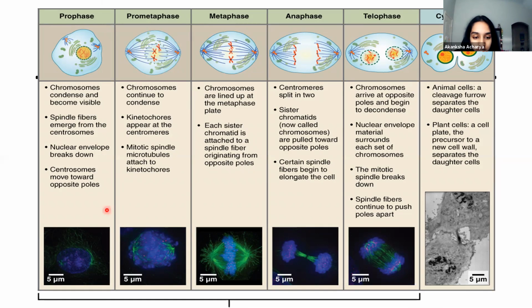Let's look at these bottom images too. These are real cells, obviously under a microscope. They're illuminated. It looks really cool. So here we see a jumbo mess of stuff. These green things are those mitotic spindle microtubules.